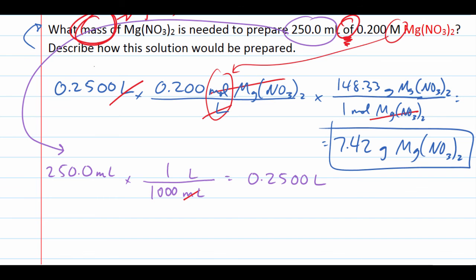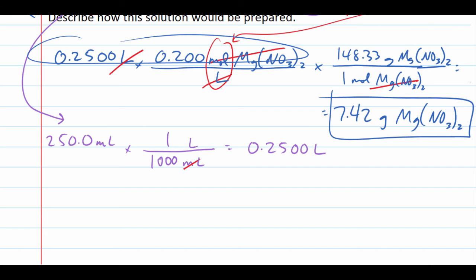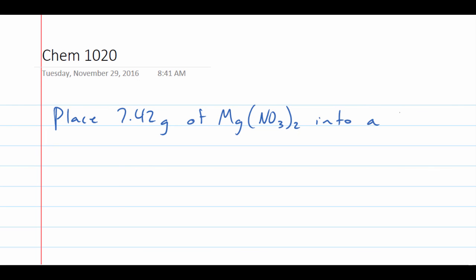So if you want to describe how the solution would be prepared, and this is what we did in lab yesterday, we might do something like this. We might say we would place 7.42 grams of magnesium nitrate into specifically a 250 milliliter volumetric flask.